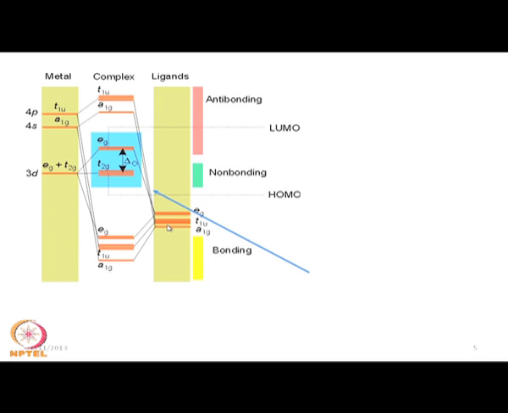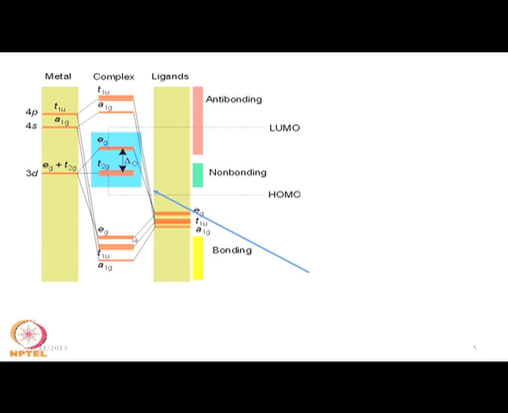Then we have the available Eg symmetry from the d orbitals, that means dz square and dx square minus y square, and these two orbitals, when interacting with the corresponding Eg symmetry orbitals from the ligand side, provide an Eg bonding level as well as an Eg anti-bonding level. So, the empty level is the Eg level, which is anti-bonding in nature, but the Eg bonding level is lower in energy.